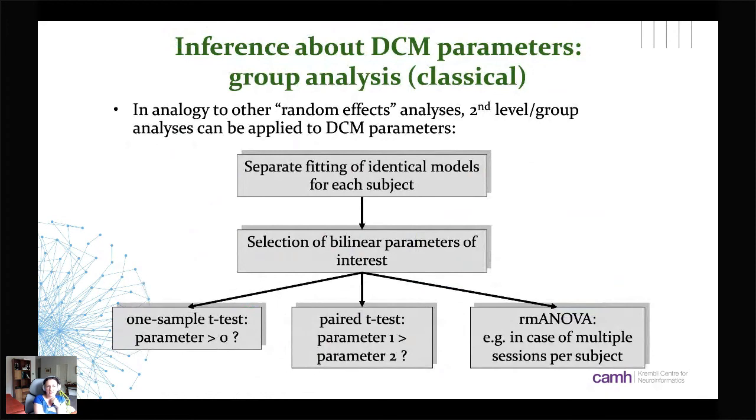Very briefly, you might wonder how one would apply DCM to existing empirical data, whether there is a flow. And the answer is yes, you would start by applying DCM for each subject, and you would fit the same set of models for each subject.